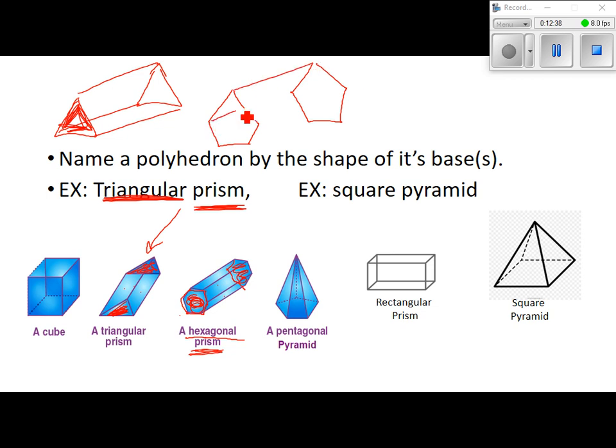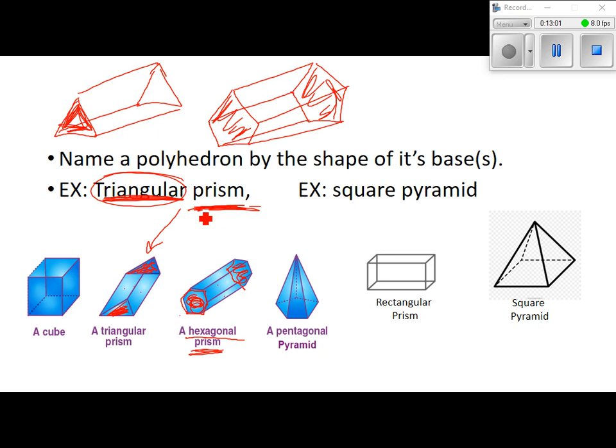All the rest of the faces are rectangles. This is a base, that's a base, so that would be a pentagonal prism.